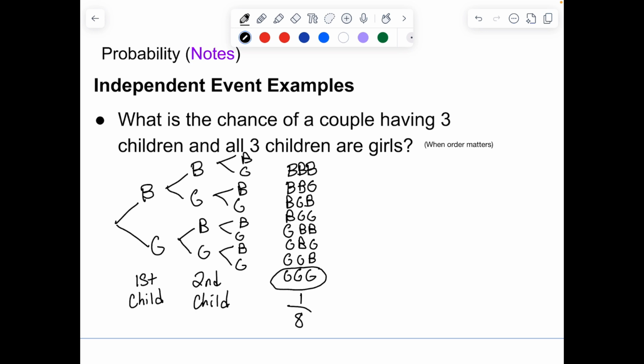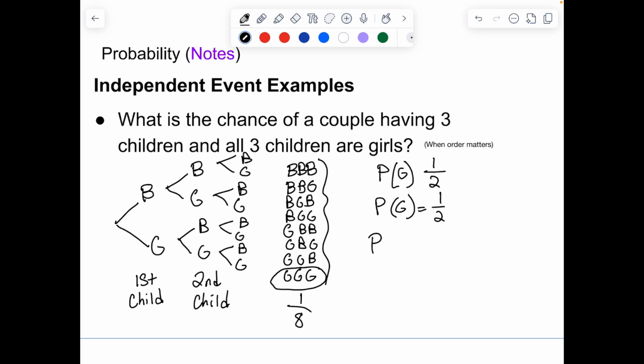Okay, so we have 8 total outcomes here, and only 1 chance out of those 8 where the couple is having 3 girls in a row. If I just did my multiplication method of calculating this, the probability of having a girl for the first child is 1 out of 2. The probability of having a girl for the second child is 1 out of 2.